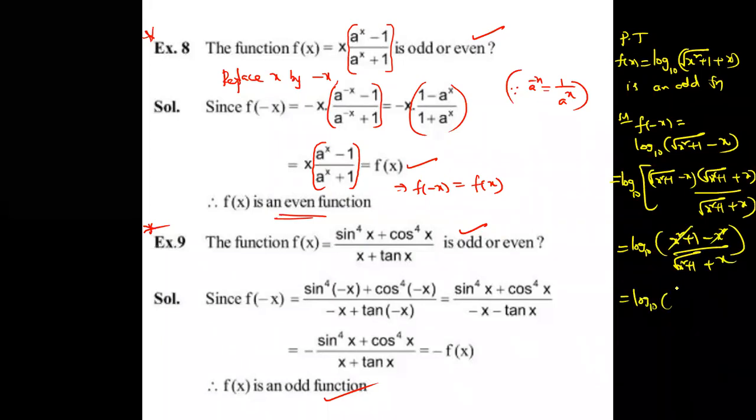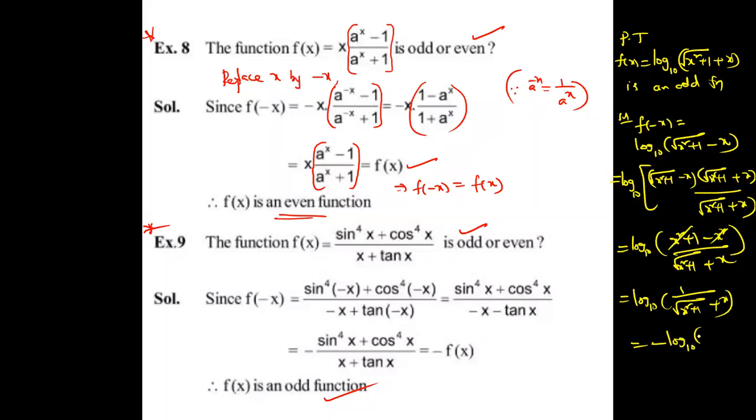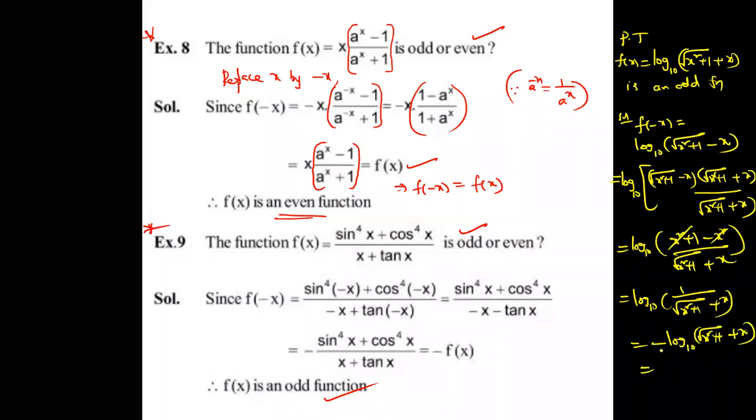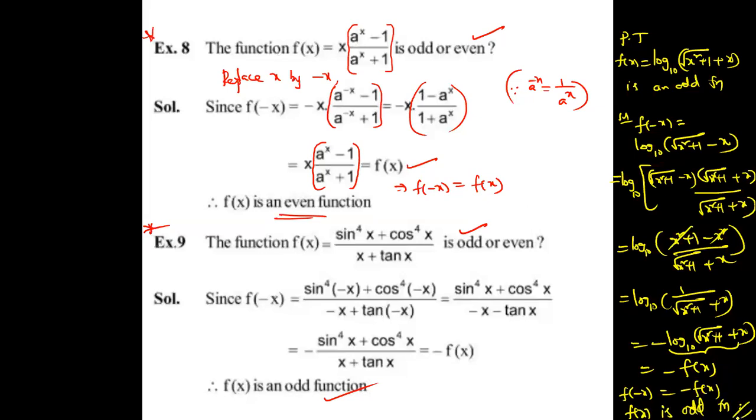X square cancels, 1 by root over x square plus 1 plus x. What you are observing is minus f of x coming. This value is f of x. So f of minus x is equal to minus f of x means f of x is an odd function.